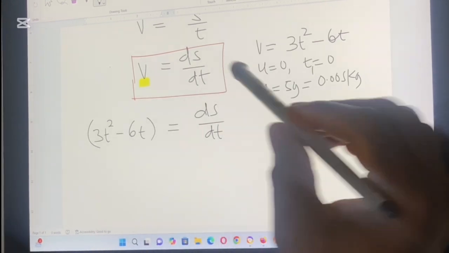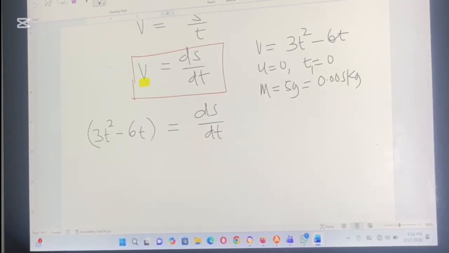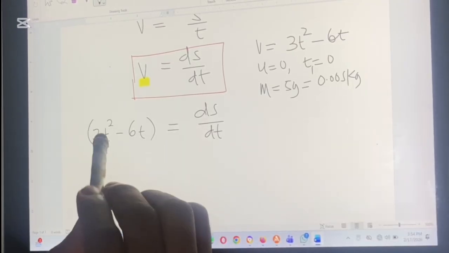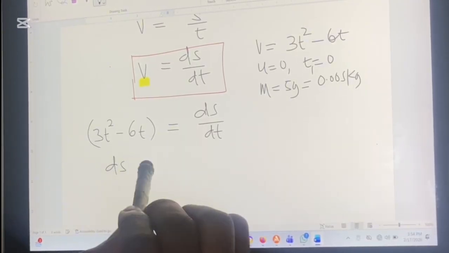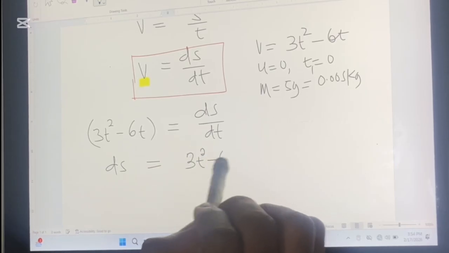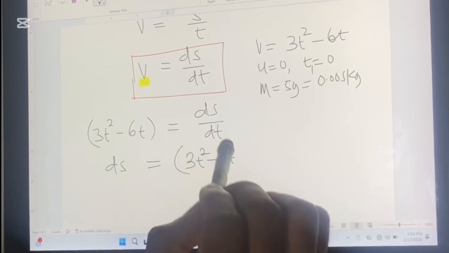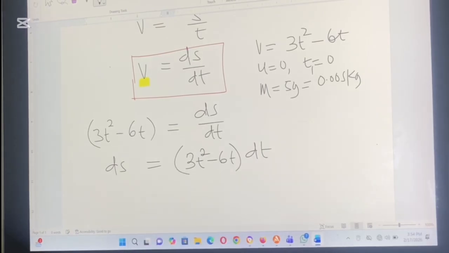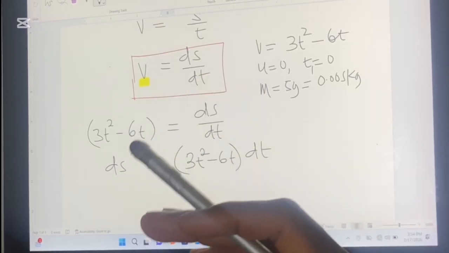Our intention is to find the distance, that is s. So let's cross multiply to find the distance here. When you do that, we'll have something like this. ds is equal to 3t squared minus 6t dt.